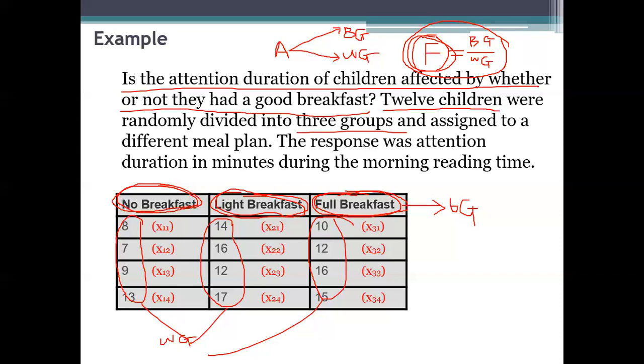If most of the variation is between groups, then there is a probability of a significant effect. But if most of the variation is within group, there is the possibility that there is no significant effect.